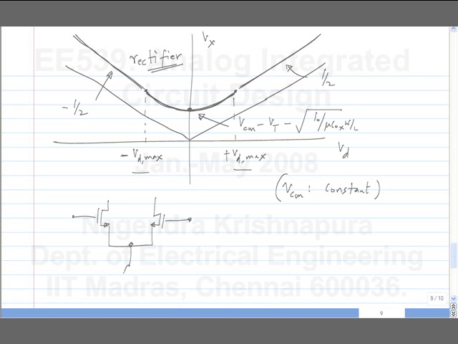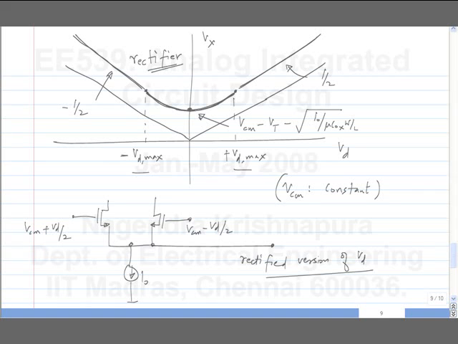So if you have VCM plus Vd by 2 and VCM minus Vd by 2, and you look at this as the output, this gives you a rectified version of Vd. Okay.